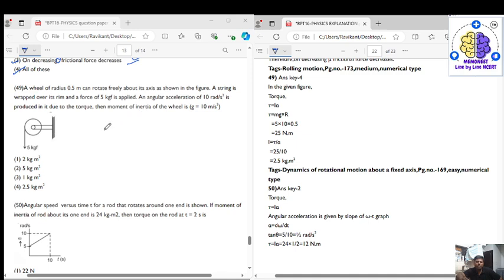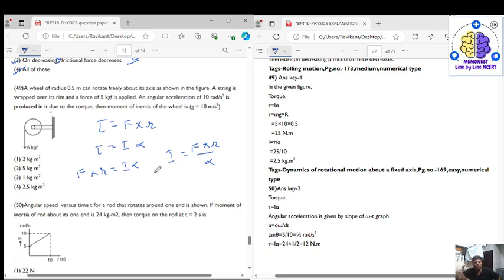So again, it's simple. Torque is given by the formula tau is equal to F into R, and tau is equal to I into alpha. Both the torques are the same. So F into R is equal to I alpha. They are asking you to calculate I. So I will be equal to F into R upon alpha. Right.